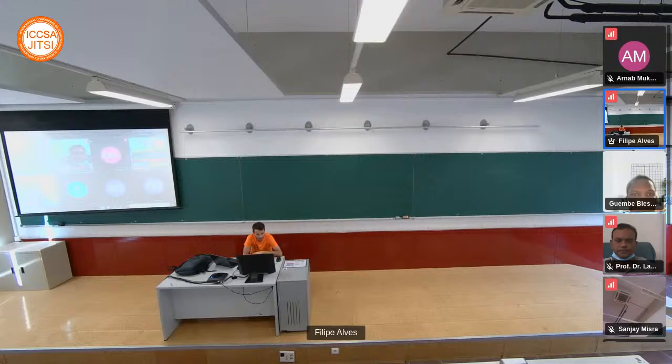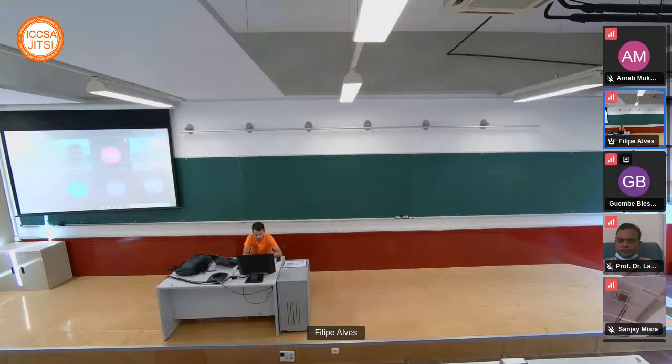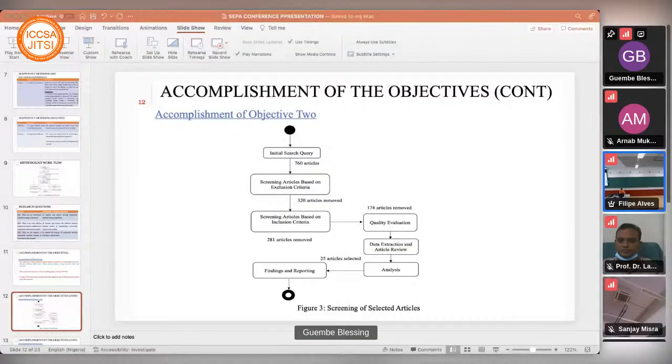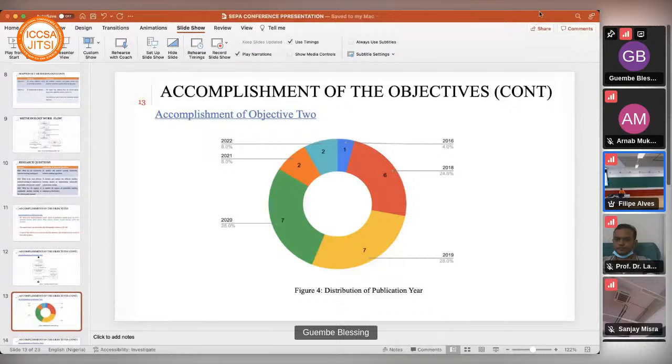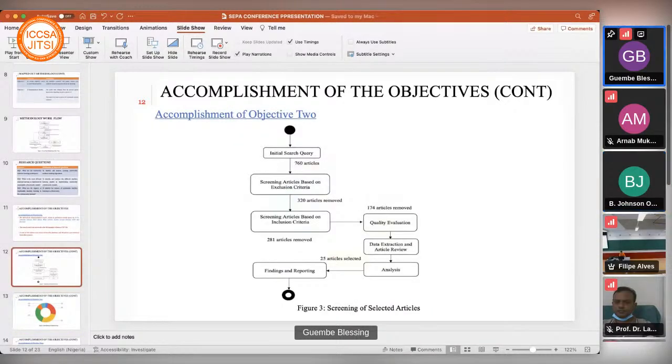So when you are talking, if you don't click on the presentation mode, we cannot see all slides. Try to share. Okay, now I can see your presentation. You can continue, please.